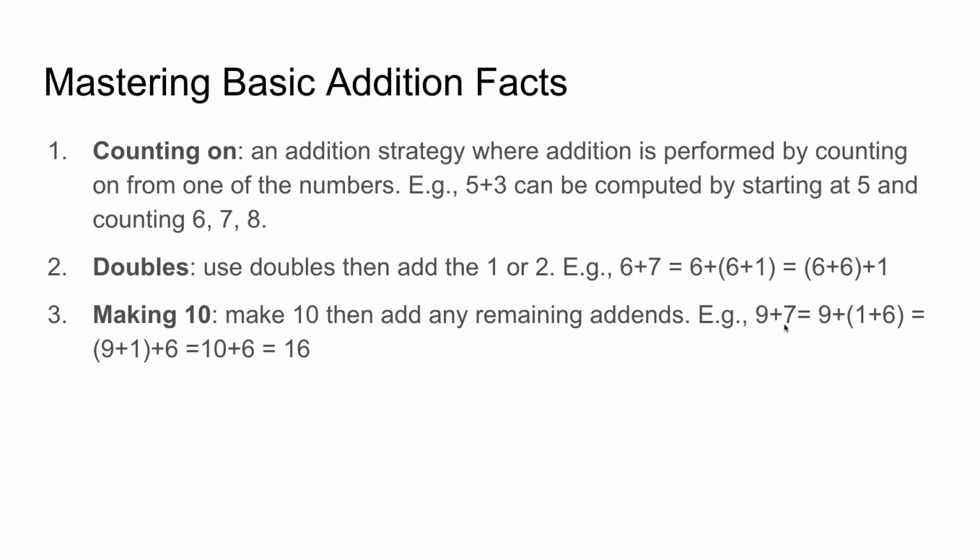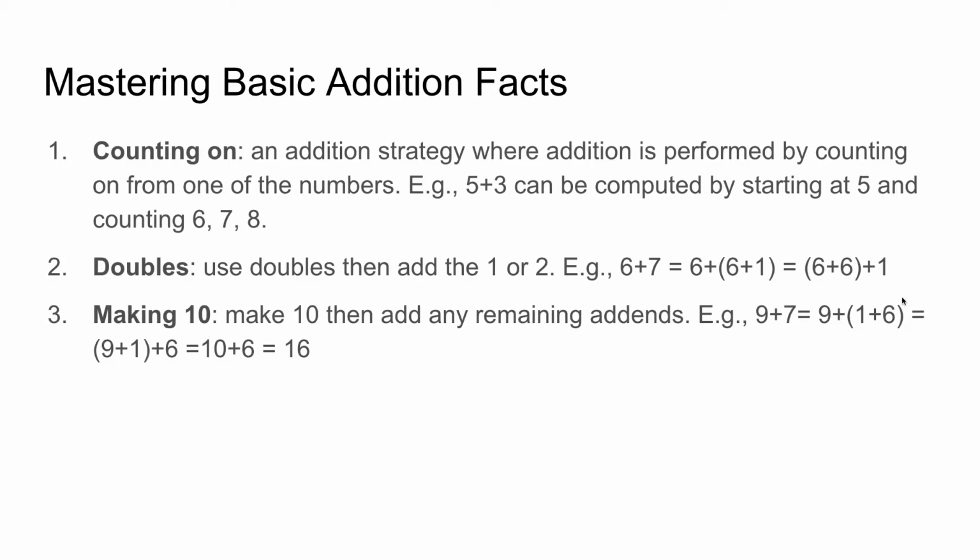So you can usually easily find what number it is. For example, 9 plus 7, you just need one more to make 10. So you're going to regroup 7 into 1 and 6 because you need 1. And then this is the associative property because we're not changing the order. It's still 9 plus 1 plus 6.